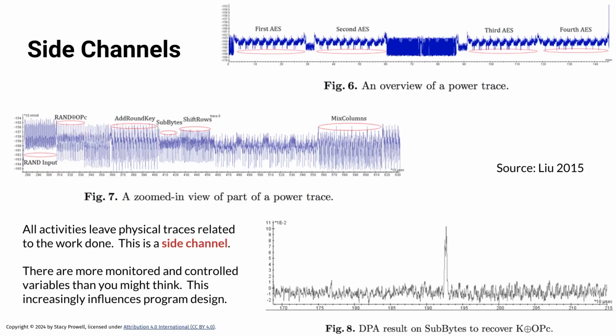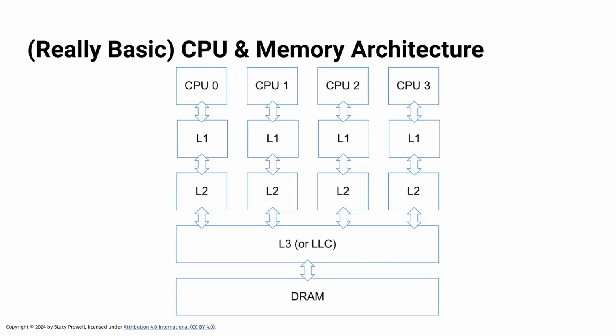We're very precisely watching power being used by a computer as it does some work. And that work in this case is the Advanced Encryption Standard, AES. It turns out that if you very closely watch the power side channel while some AES operations are going on, you can reverse engineer the AES key and break the cryptography. Interesting stuff. Again, not something we have to dig into too deeply here.